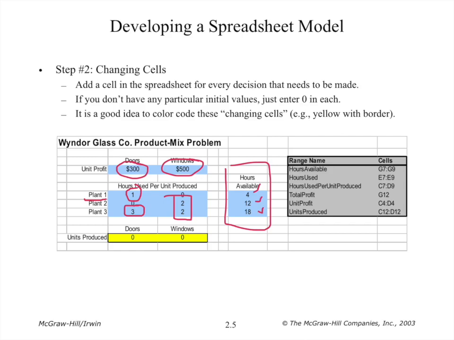So the question is how many doors and how many windows we have to produce to get the maximum profit. How can we get maximum profit?